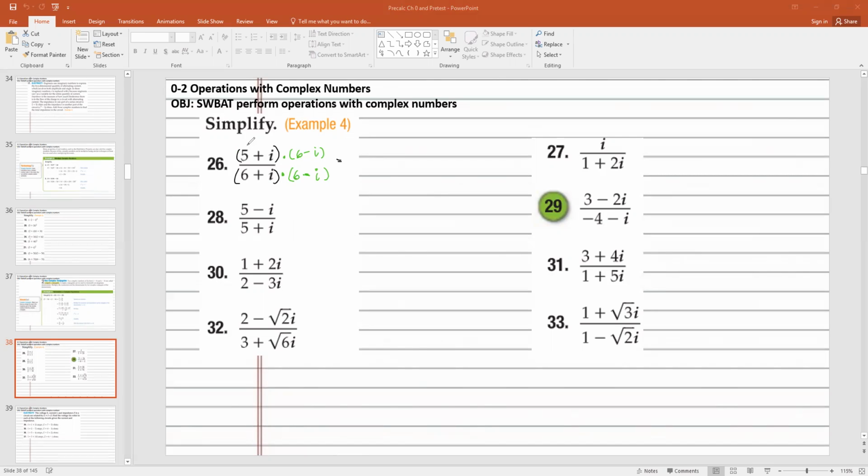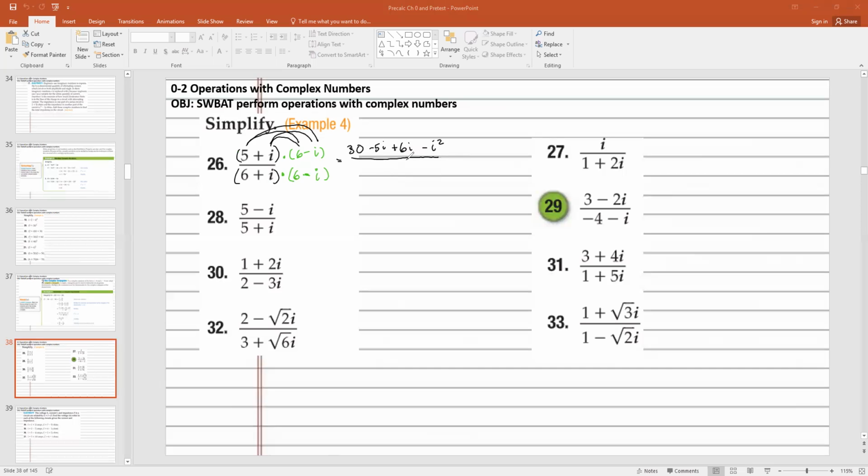Now let's just focus on the top. We have 5 times 6 is 30. 5 times negative i is negative 5i. i times 6 is 6i. And i times negative i is negative i squared.